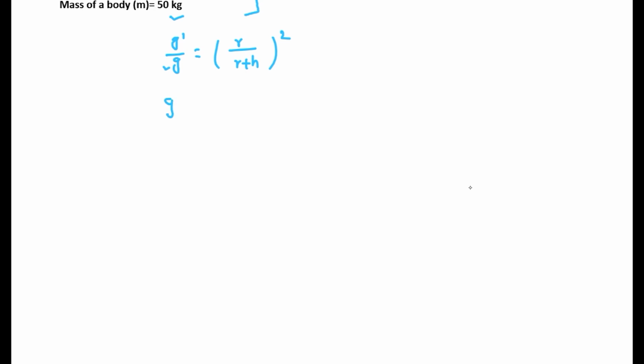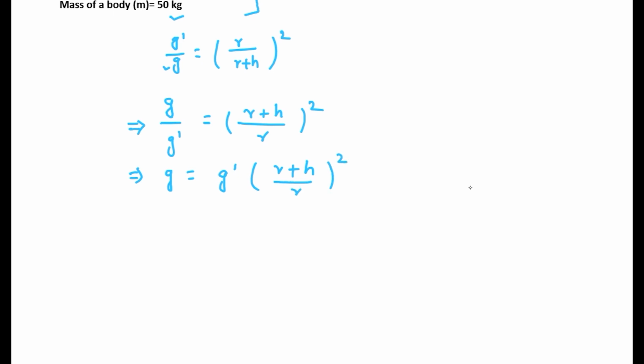We can also write g by g dash equal to (r plus h by r) whole square, because it is easy to find the value of g. So it becomes g equal to g dash into (r plus h by r) whole square.